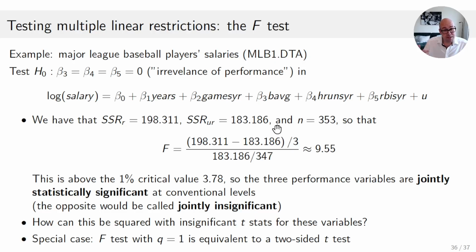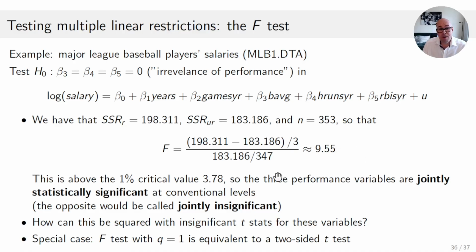I told you before that the unrestricted model can always better explain the data, right? The sum of squared residuals is always going to be lower for the unrestricted model. The question is how much. I have 353 observations, and I have 1, 2, 3, 4, 5, 6 degrees of freedom that I lose for the unrestricted model.